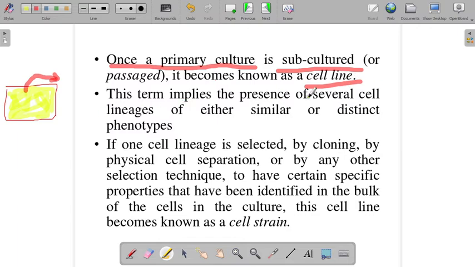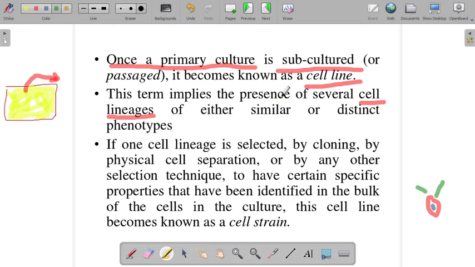This term implies the presence of several cell lineages of either similar or distinct phenotypes. So take an example, this implies what? The presence of several cell lineages. Now what is meant by cell lineages? Now there is another term, cell lineages. Take an example, a single primordial cell is there, right? And that single primordial cell is now dividing, right?